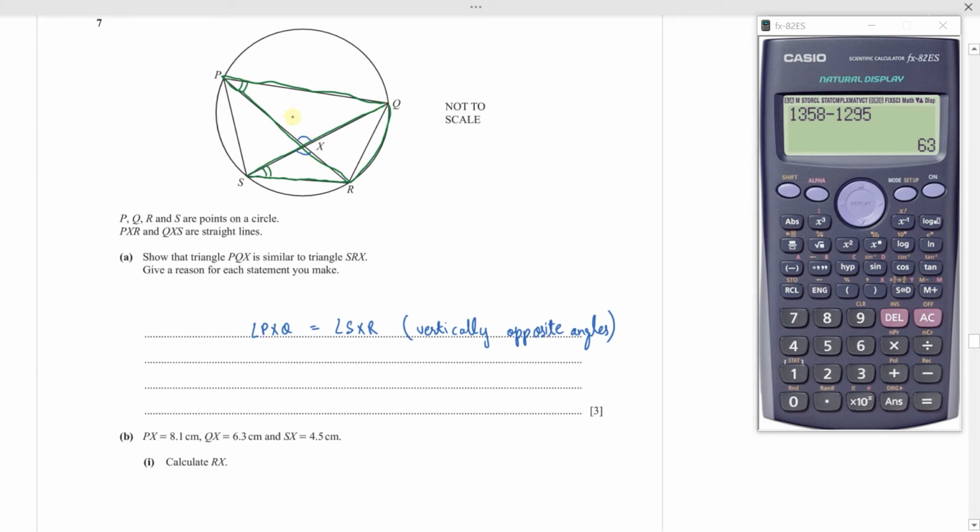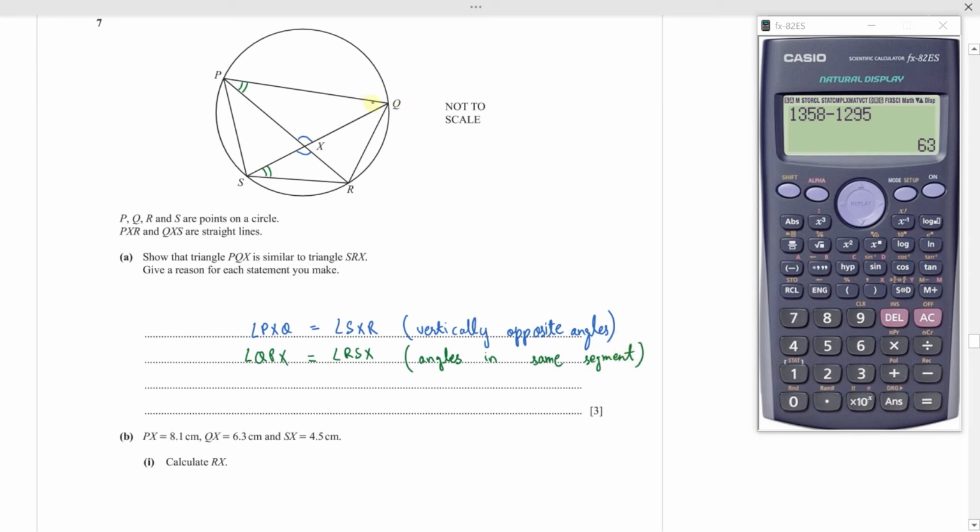So these are angles in the same segment, so these will be equal as well. Let me just erase these lines. So angle QPX will equal angle RSX because these are angles in the same segment.